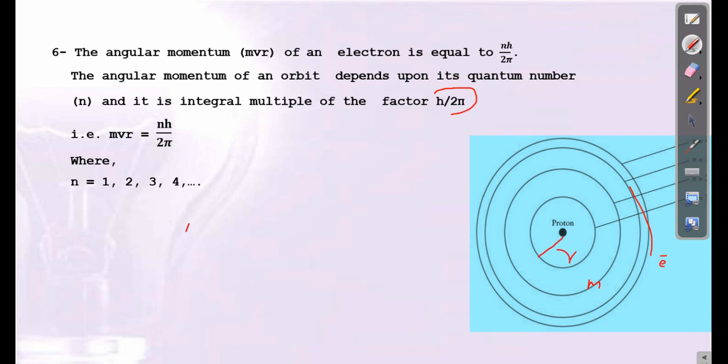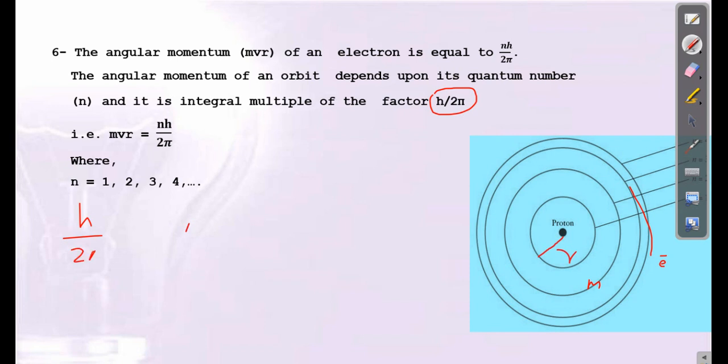He says that, for example, the angular momentum of an electron in the first orbit is h upon 2 pi.